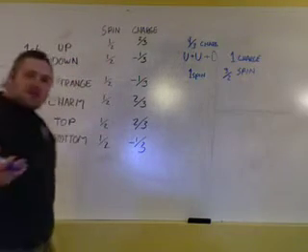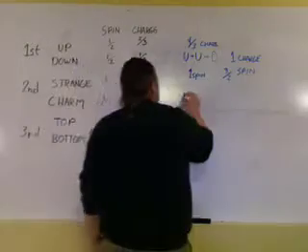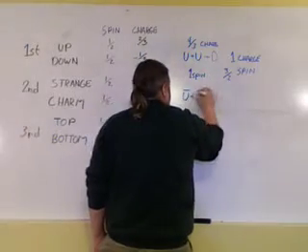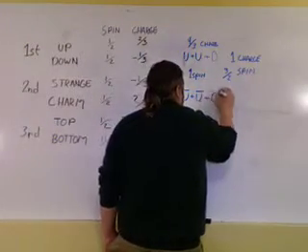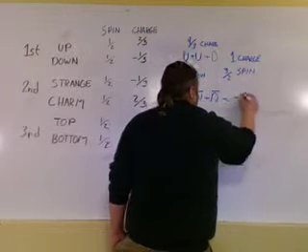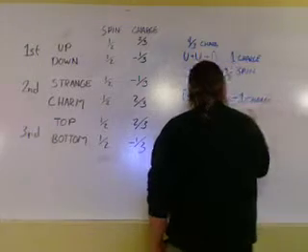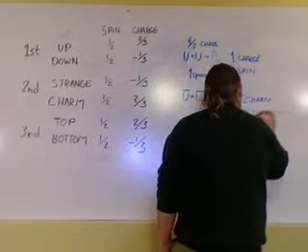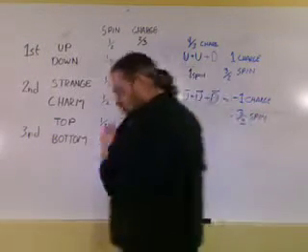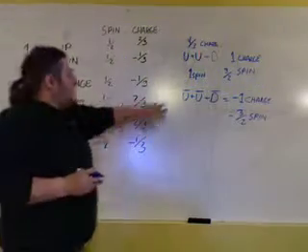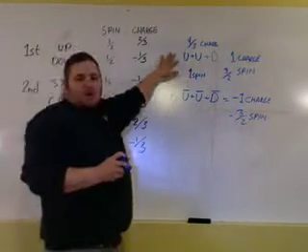Now if I wanted to make an anti-proton, I'm going to go anti-up plus anti-up plus anti-down. That's going to give me a negative 1 charge and a negative 3/2 spin. Okay? Cool? Now, that means that this particle is an anti of this particle.